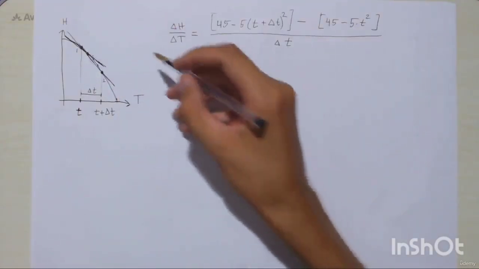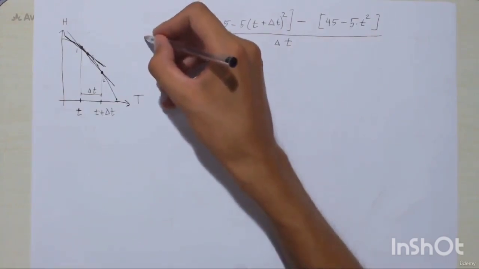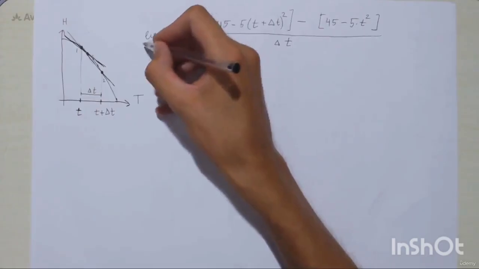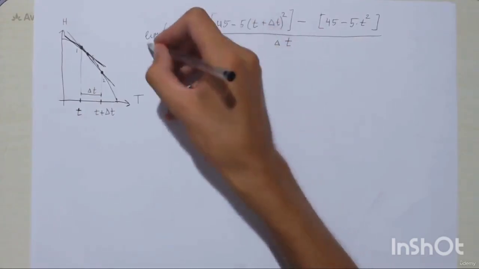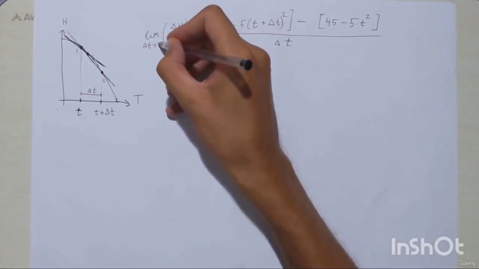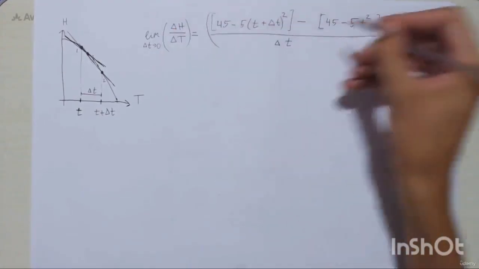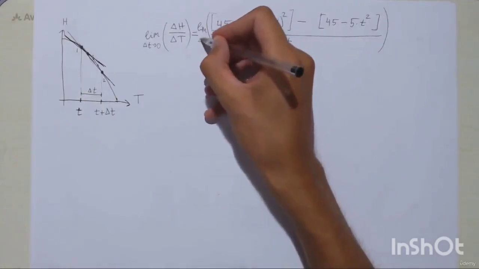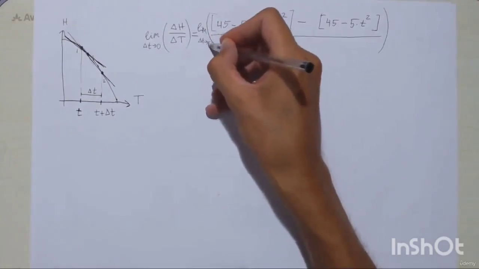And mathematically, we would denote it like this. We would just put it inside the limit, and we would say delta t approaches 0. And the same thing here, limit as delta t approaches 0.